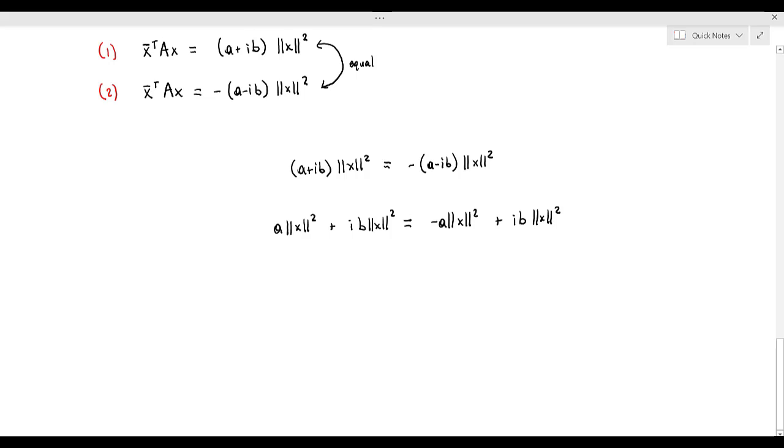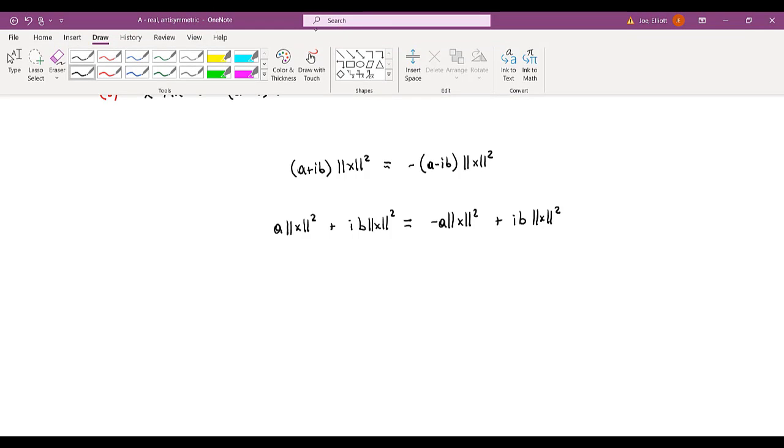Okay. So now on the left and right hand side, we have two complex numbers. And for two complex numbers to be equal to each other, their real parts must be equal to each other, and their imaginary parts must be equal to each other as well, okay?